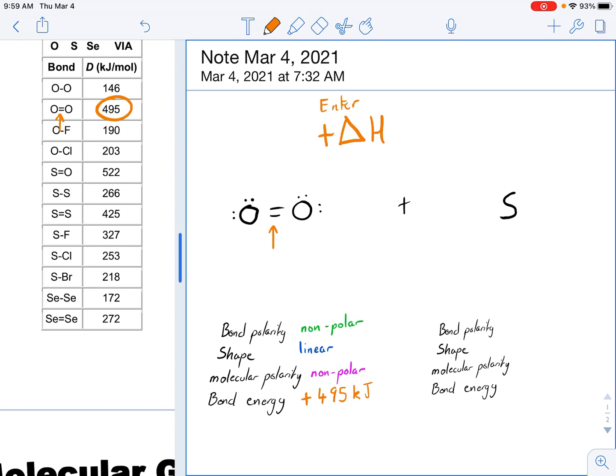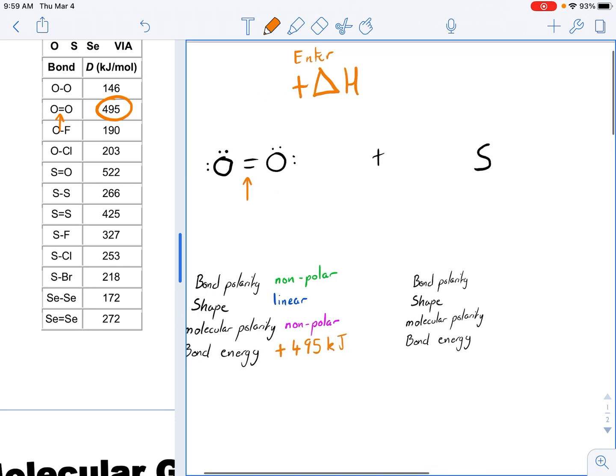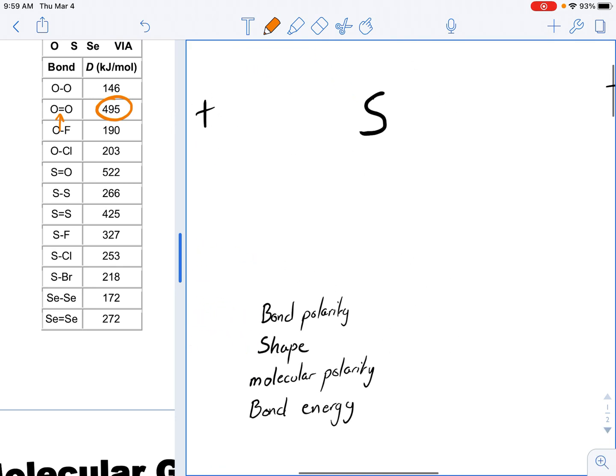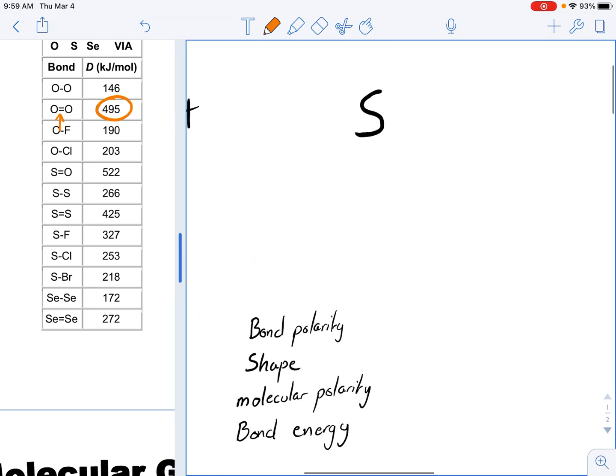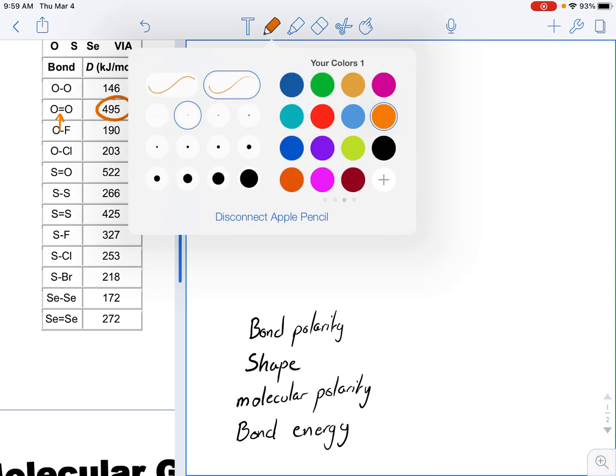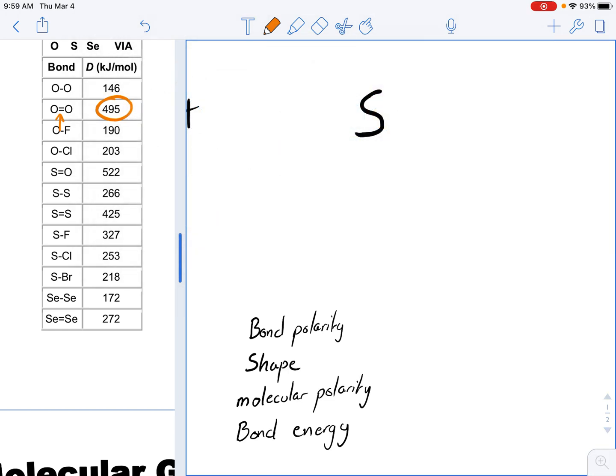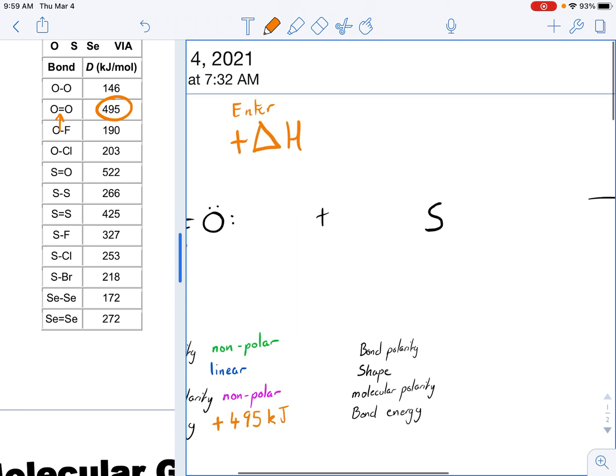Great. Let's look at our second component in this reaction. We've got S. S is an atom by itself. So there's no bonding happening here, so we can just put a dash through bonding. There's no shape here either because we've not got a molecule that we're connecting together.